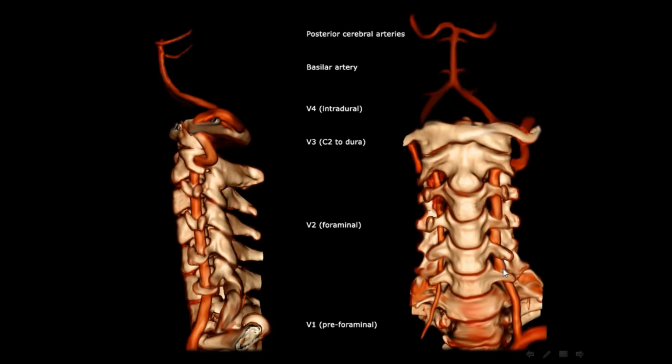Then the segment that lies within the transverse foramen of the vertebral bodies is called the foraminal segment or V2 segment. The third segment is from C2 to the dura. From C2 to the location where it enters the dura. The last segment, the V4, is the intradural segment. This is the intracranial segment.